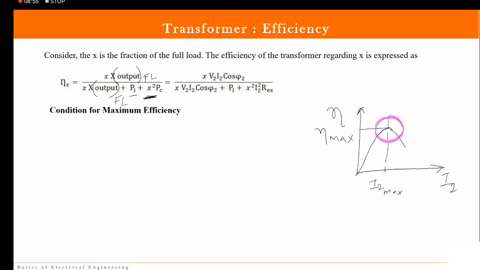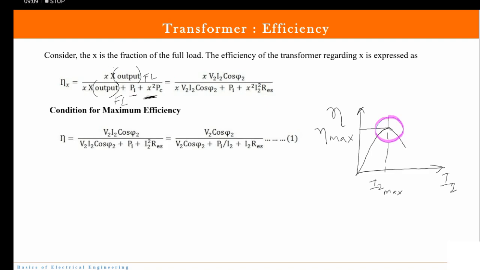Fine, okay. But then let us understand this with respect to all these equations. Okay, so again we will be writing the efficiency equation. So it is the same equation. Fine. So copper loss will be represented by I square R loss. Okay, we are talking about the secondary side.